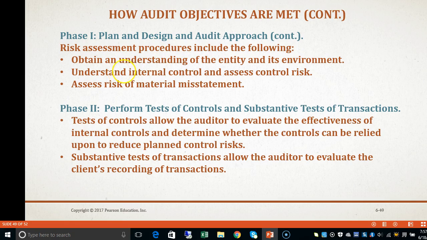It could be how you receive inventory, how it's received, how it's signed off, who signs off for it, how it gets put into the factory, who's responsible for it, how it gets costed. Internal controls are very important in cash management. How cash is received in, how it's transacted on the books, how it's controlled, responsibilities, and so on.